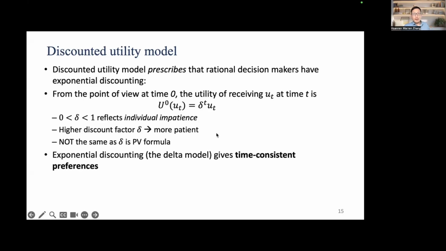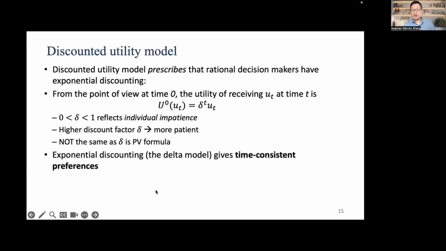So if we assume people have exponential discounting according to the discounted utility model, then they will make time-consistent decisions because they have time-consistent preferences. Right? So what do we mean by time-consistent preferences?